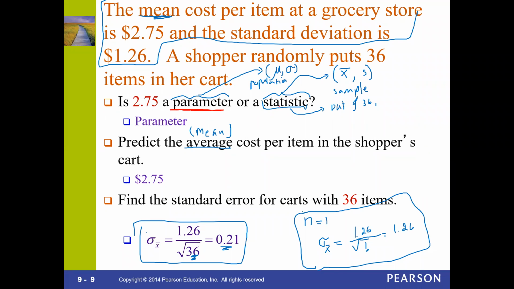For statistics, which is for sample, the elements that characterize the statistic are called the mean, X bar, and standard deviation, S.